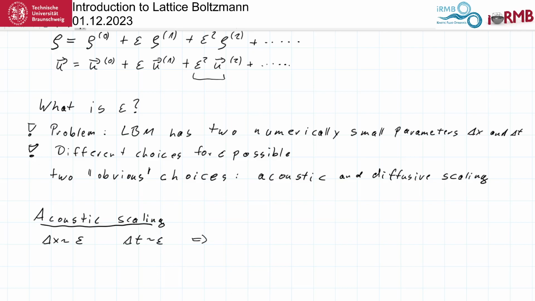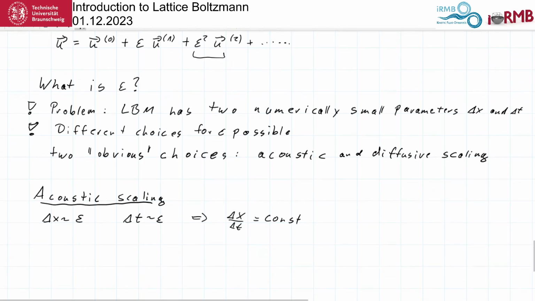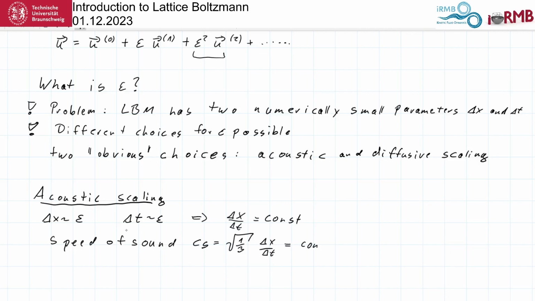Which means that delta x by delta t is regarded as a constant, okay? So, this also implies that the speed of sound, which in lattice units is c, as we've derived from the aliasing, is 1/3 delta x by delta t, and this also is a constant.